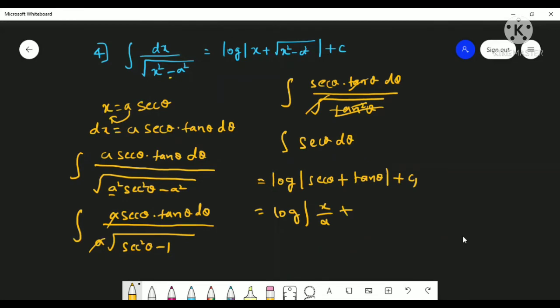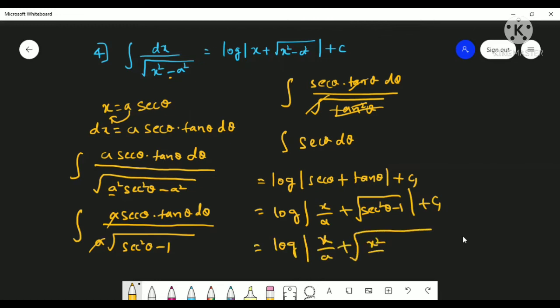Then we can write tan theta as square root of secant square theta minus 1, plus c1. Now it is log of x by a plus square root of x square by a square minus 1, since we know the secant theta value is x by a, plus c1.